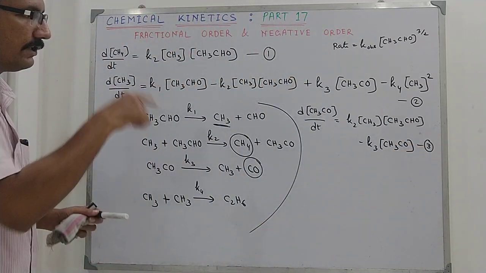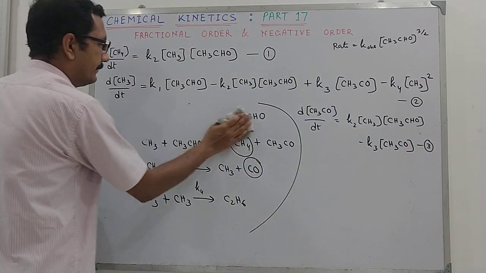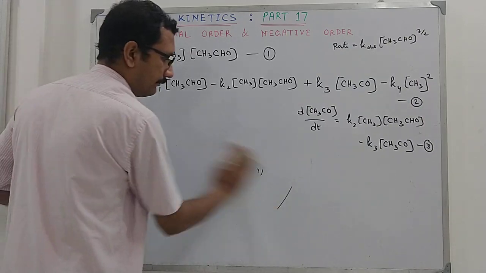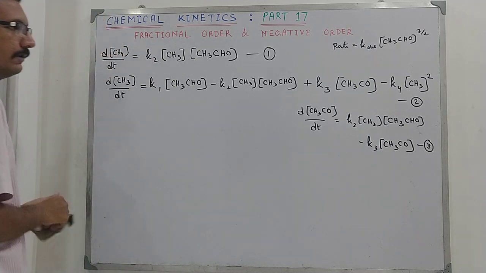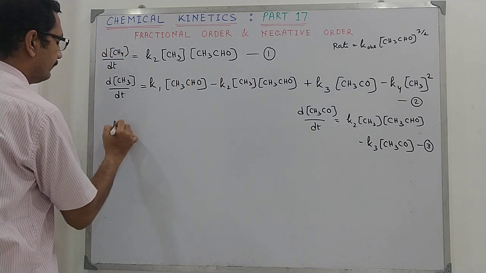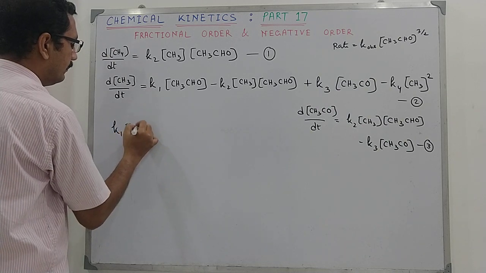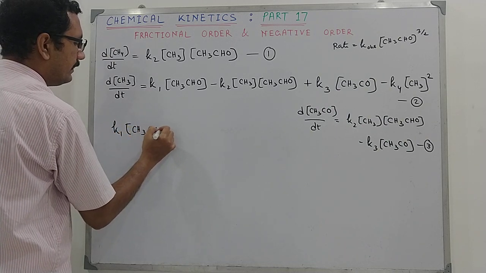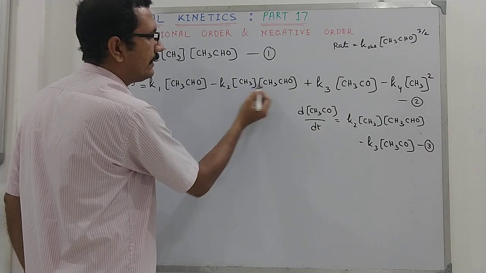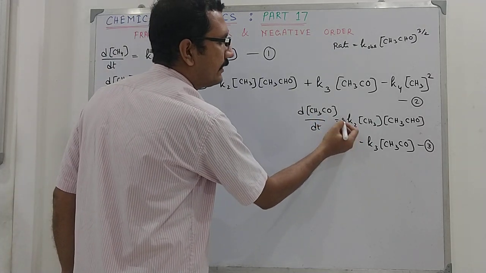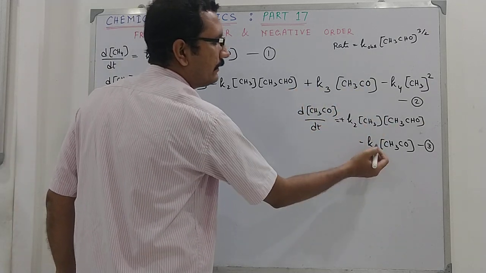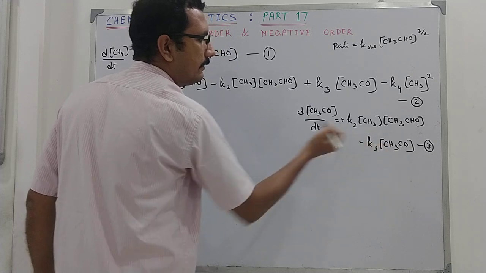Now we add equation 2 and 3. If we add equation 2 and 3, we will get K1 into CH3CHO. See, this minus K2 CH3 CH3CHO will cancel with this positive term, and this plus K3 into CH3CO will cancel this term.